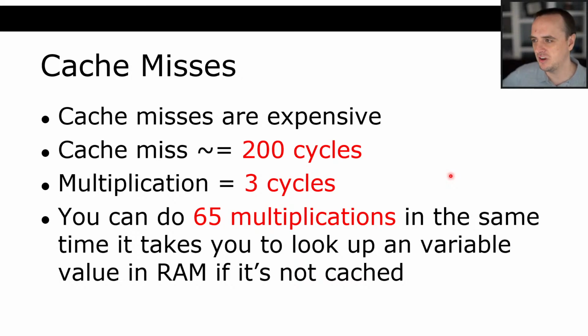Let's say you spent 10 years making it so you eliminated half of the iterations from your algorithm. Well, now it's only 30 times slower than it could be and not 65 times slower than it could be. This is a huge cost. And you can literally make your game run tens of times faster by writing cache-friendly code.